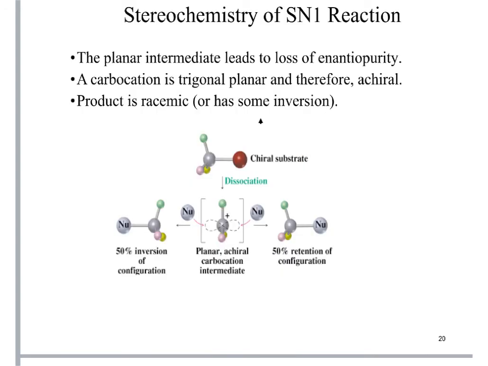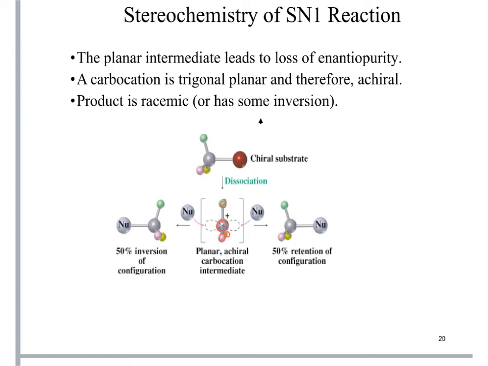Let's take a look at the stereochemical outcome of SN1 reaction and see how it compares to the stereochemical outcome we discussed for the SN2 reaction when we saw inversion at the stereogenic center. Since carbocation is trigonal planar at the carbon in question, the three groups surrounding the carbocation have a trigonal planar arrangement.